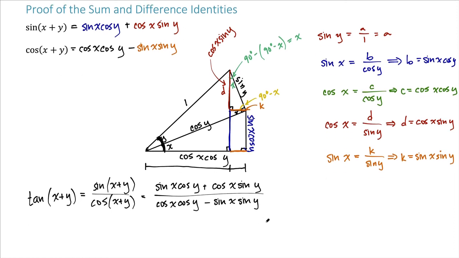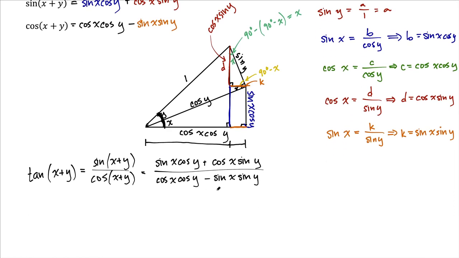And then there's one trick to this, and that is we're going to divide by this term right here, the cosine x cosine y term. So we're going to, on top and bottom, multiply by 1 over cosine of x times cosine of y. And of course we can do that because now we're multiplying by 1, which doesn't actually change it. It's just going to change what it looks like.